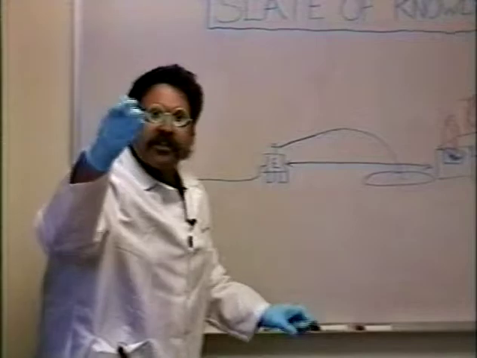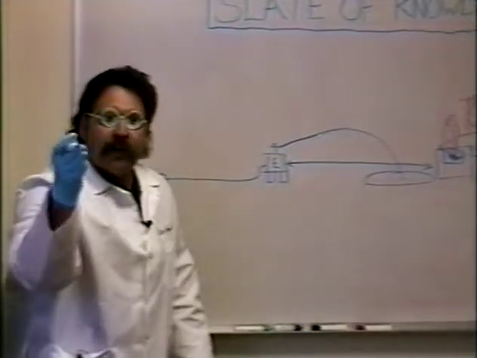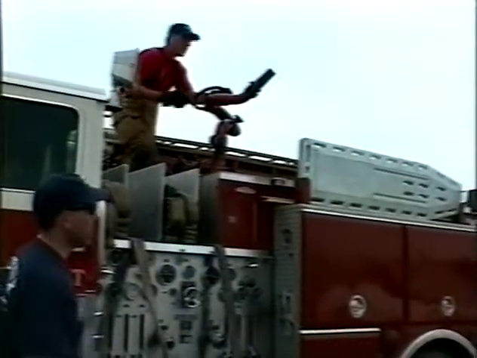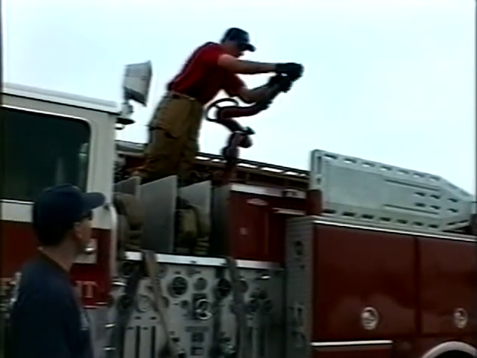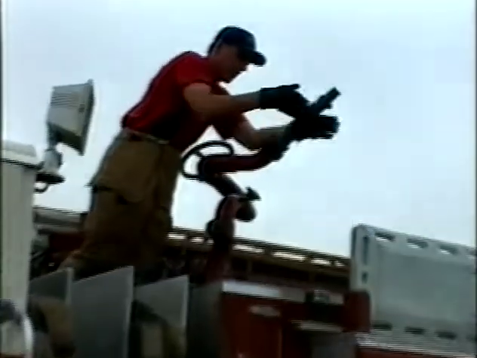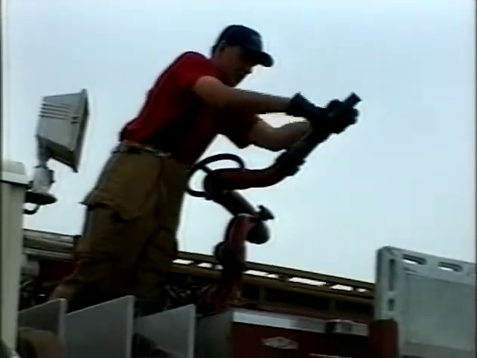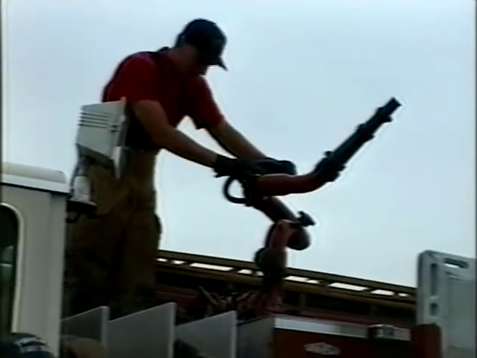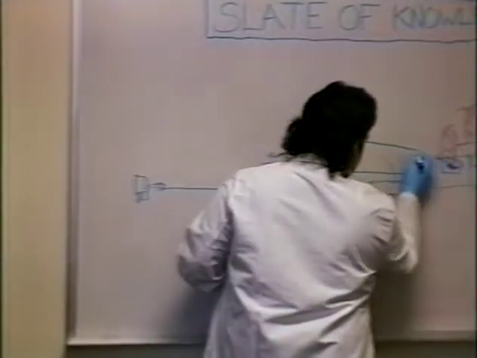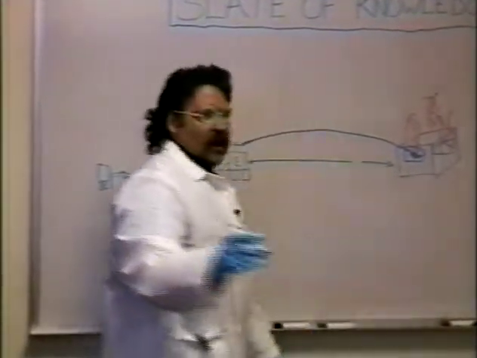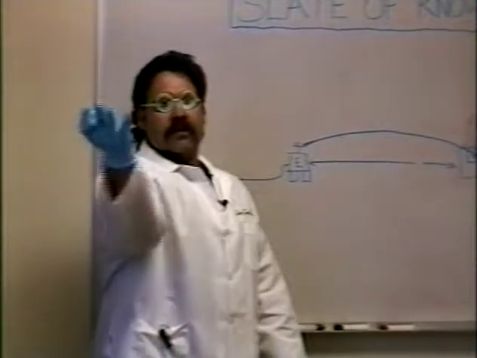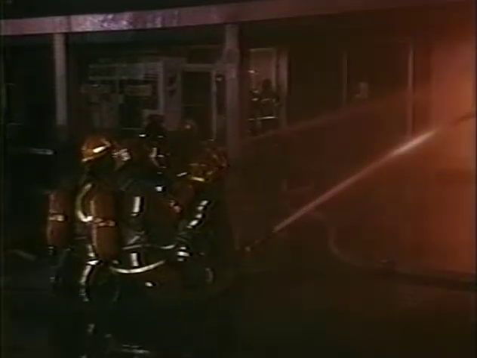But if you have maximized your water supply from this particular hydrant device, the one thing you may have to do is go to a smaller size orifice. Shut down your master stream, put a smaller tip on, and you will not get the same GPM, but you may extend your reach enough where you no longer create puddles. You do actual water application onto the burning fire, creating steam and conversion, thereby cooling the ignition temperature down of the combustible materials and extinguishing the fire.